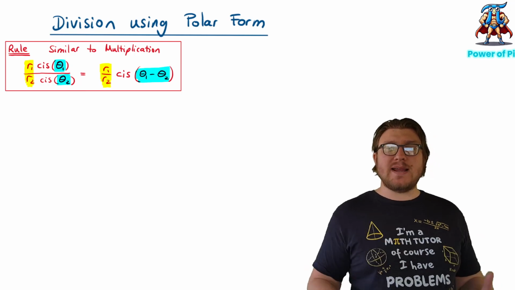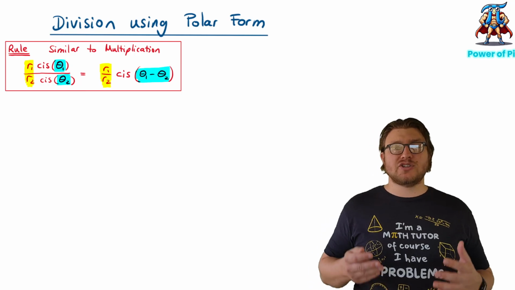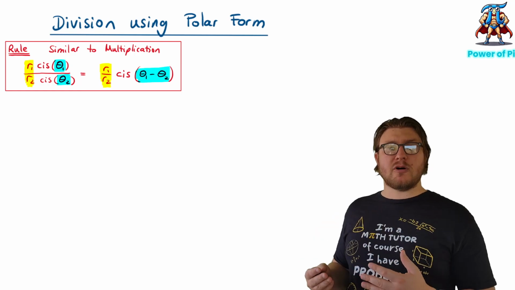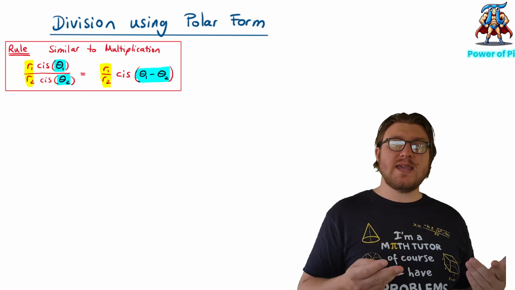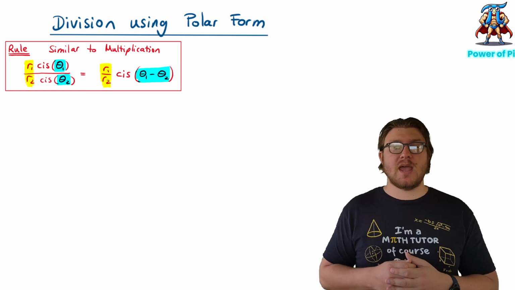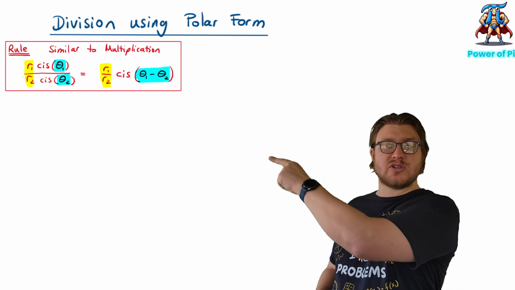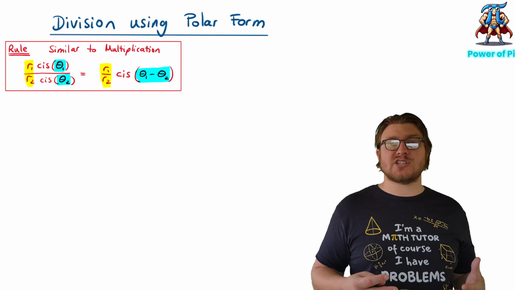It is actually basically the same rule as multiplication for polar form, just with a little bit of a difference. Well, in polar form, when we multiply, we multiply the moduli. Here, if we do division, we divide the moduli. You can see r1 over r2 is going to be our new modulus. And with multiplication, what did we do?